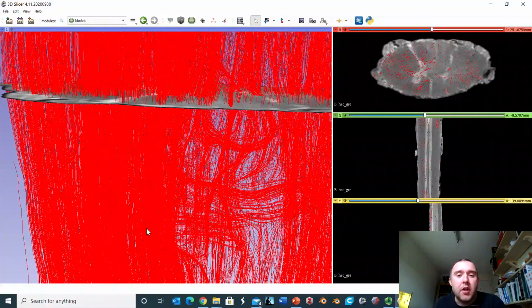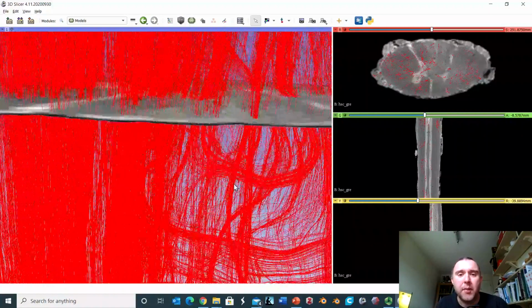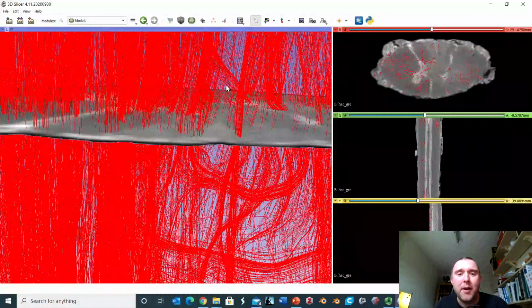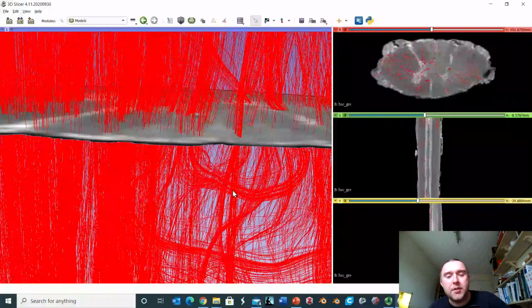The axons in this region do not seem to be moving up and down in an orderly fashion, all running in the same direction. We can see that they seem to be going in the left-right direction, and this is picked up very nicely using the diffusion data. Some of them even seem to be looping around, doing strange things.